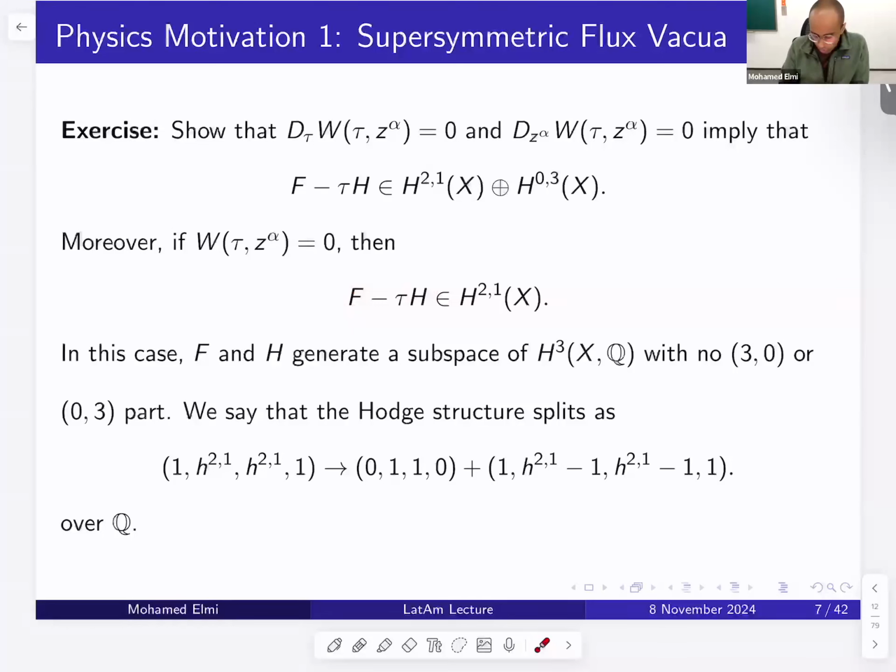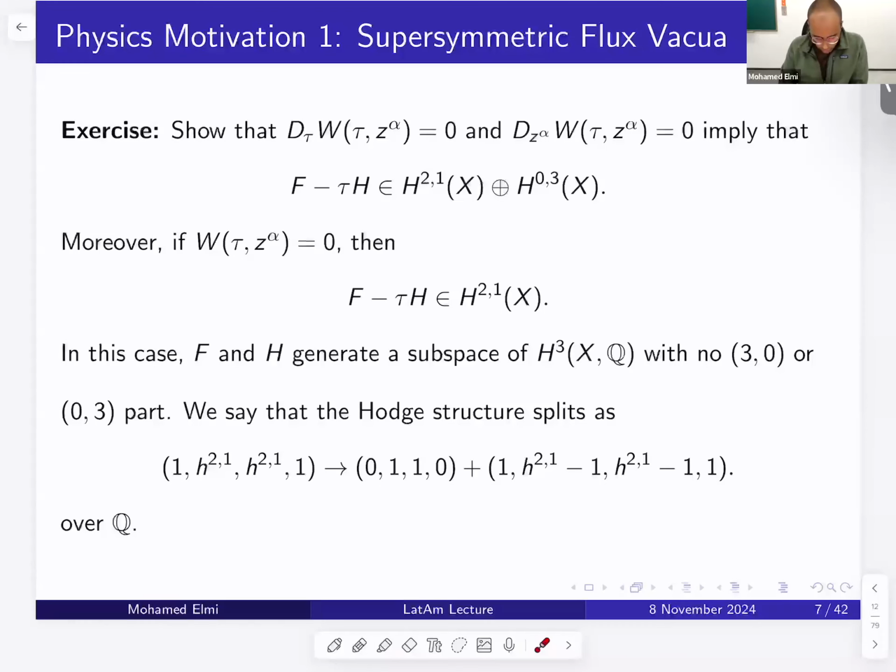When you take the complex conjugate of this, you'll get something with Hodge numbers 1-2. So this tells you that F and H are integral or rational, both work, homology classes with Hodge numbers purely in 2-1 and 1-2.